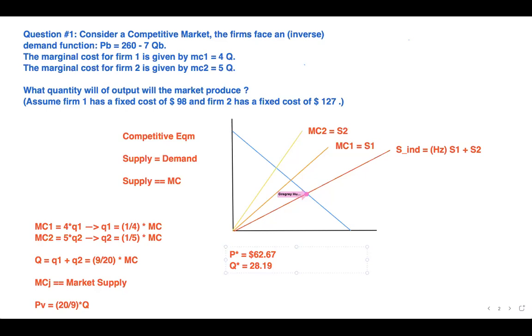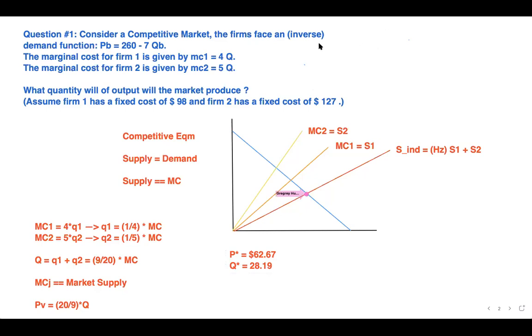Sure. So I don't know if there's anybody confused at this point, but we have constructed a supply curve down here, and we have the demand curve right there, and we're just finding the intersection between demand and supply, right?